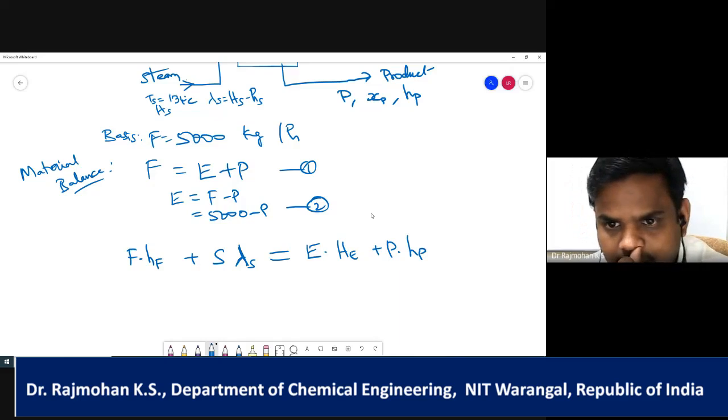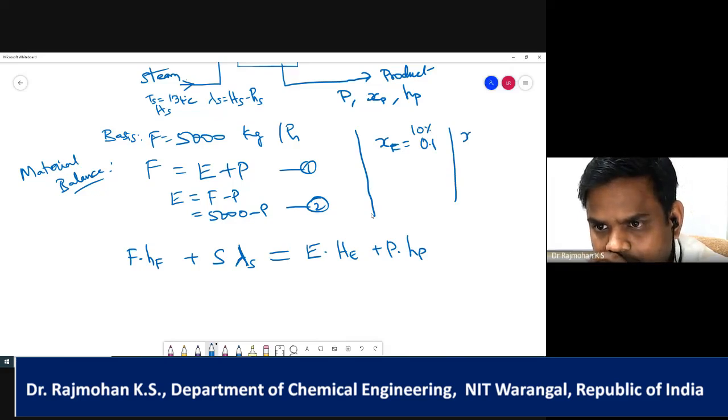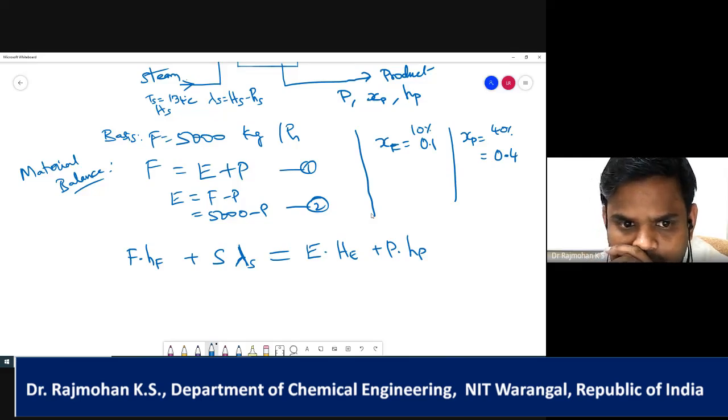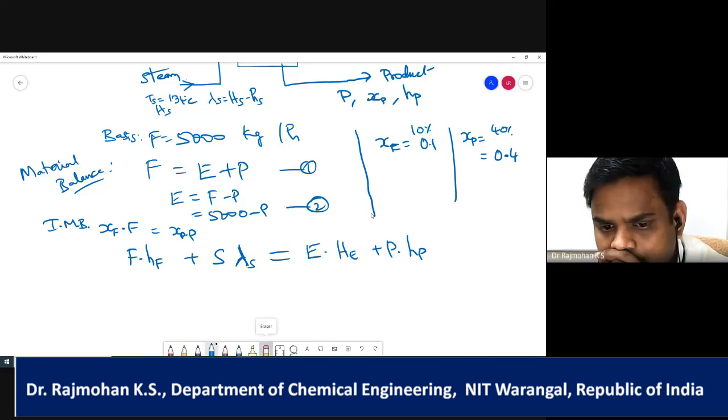Okay, so what are the other data given? Other data given is xf equal to 0.1, 10%, right? So that is 0.1. And similarly xp is given as 40 percent, so that is 0.4. So we can substitute in the individual material balance. The individual material balance for solute is xf into F is equal to xp into P, which you can use to determine the value.